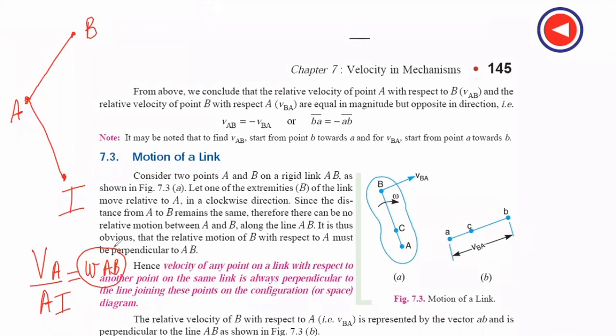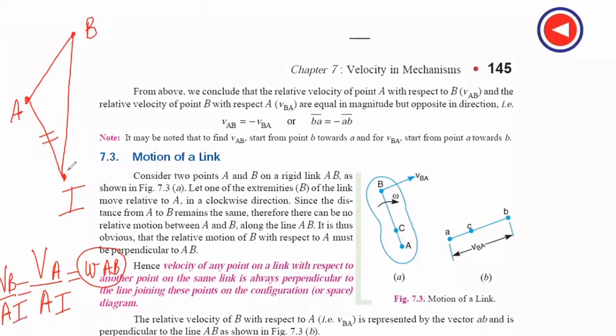In a similar way, the AI distance comes out after drawing the I-center diagram, and the AI length is divided by VA. So this is how the velocity of the point A can be calculated. If we want to calculate the velocity of B, then similarly join B with I, and that is also equal, VB by BI.